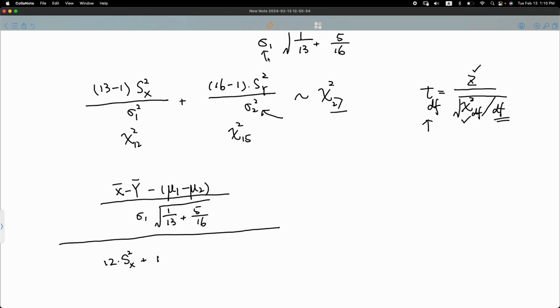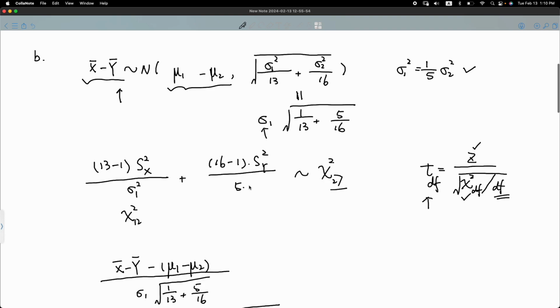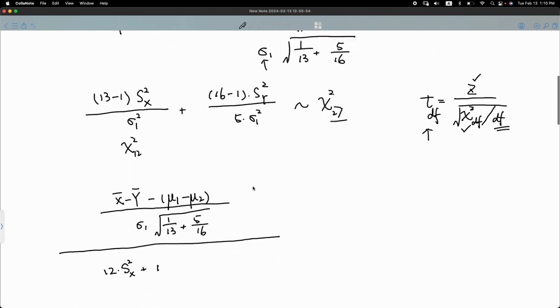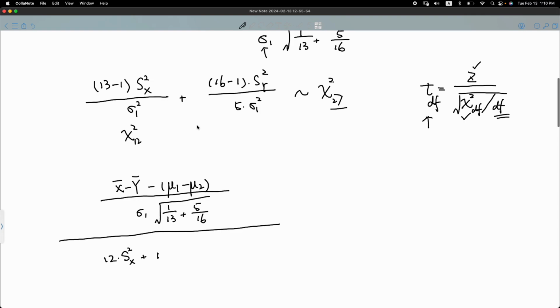So I'm just going to write this in terms of sigma 1, so that we only have sigma 1 to consider. So sigma 2 squared is 5 multiplied by sigma 1 squared.